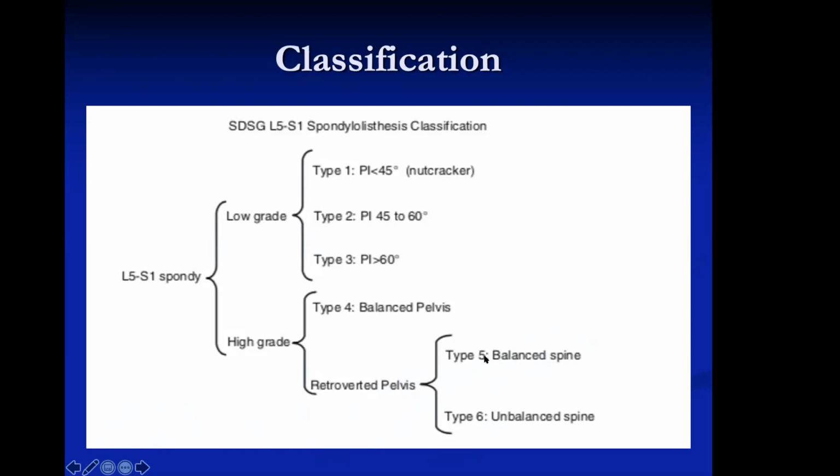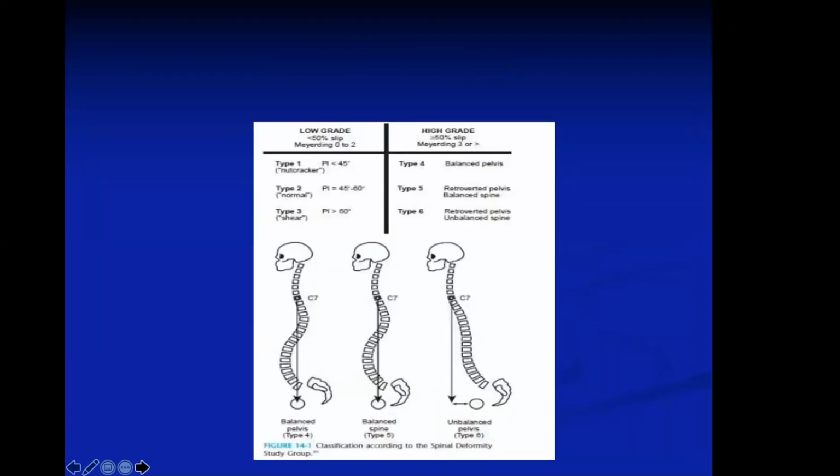So when you fuse it in situ, you are straining the body, because it is because of compensation that the spine is straight. And in spite of compensation, if it is unbalanced, that means you need to reduce it to get it into balance. So that is the reason you have to reduce it and fuse it.